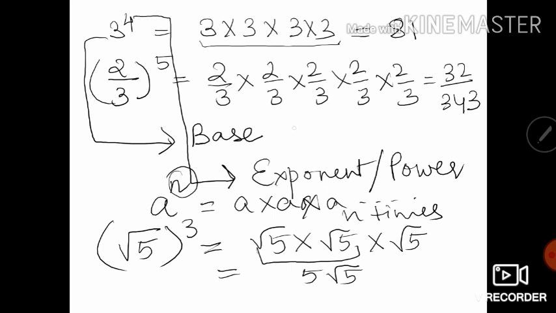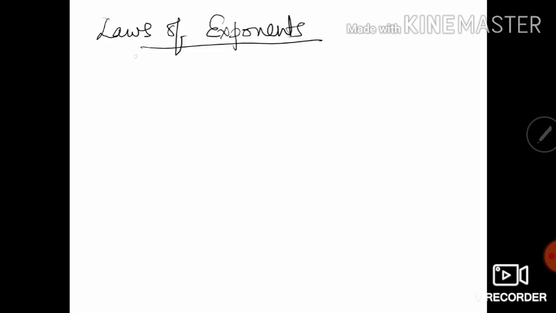Now, based on this understanding, we can write down the laws that we have studied in previous classes about the exponents. According to the first law, if you have two numbers with the same base but different powers and they are multiplied, then the powers get added.